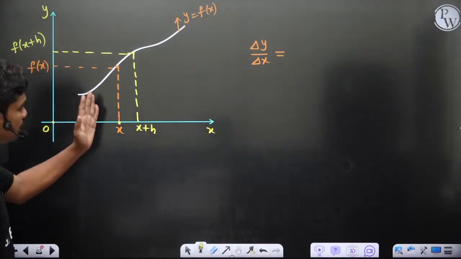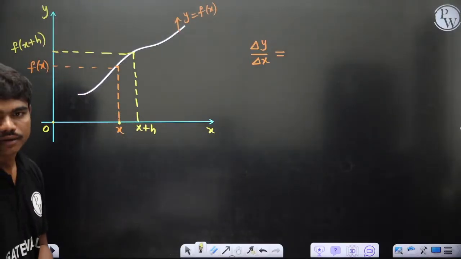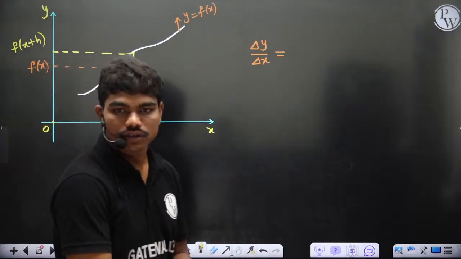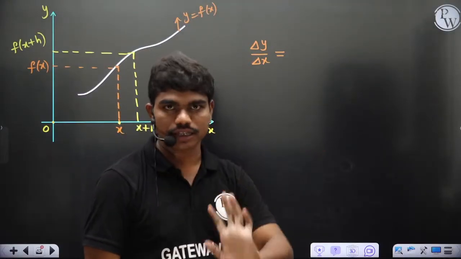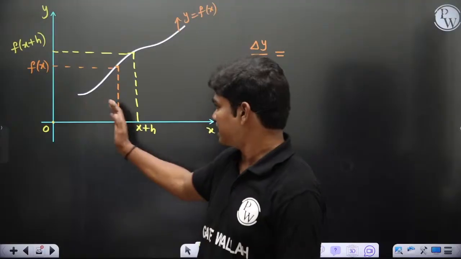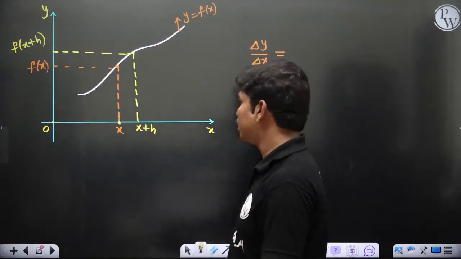Because if my x moves here, my f of x has also jumped to some extent. Clear? So can I ask something? Yeah, why not? So delta x can be positive or negative, right? Yeah, it can be anything. The main thing is you have to disturb it. It is at some particular value and we are just disturbing it. You can even disturb towards left, doesn't matter.